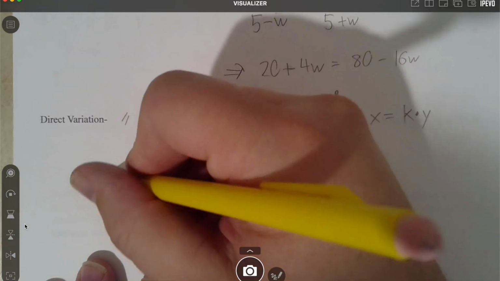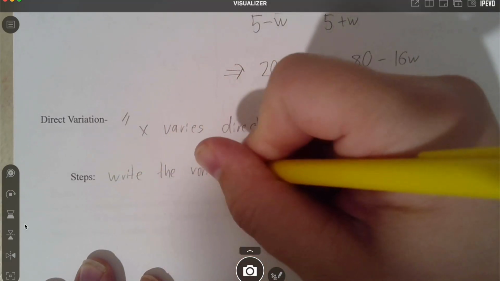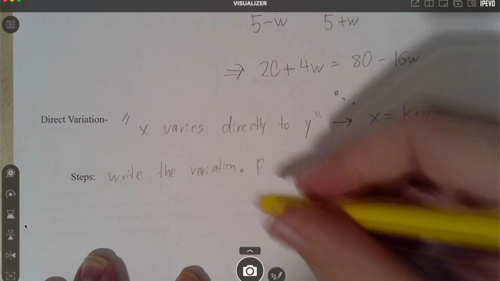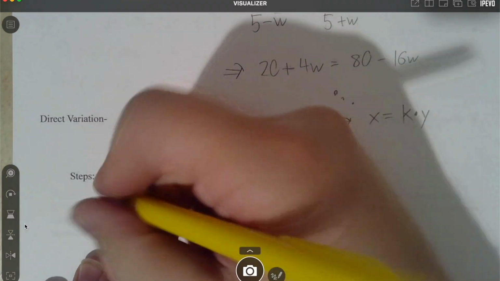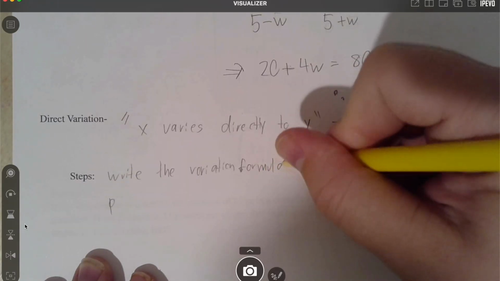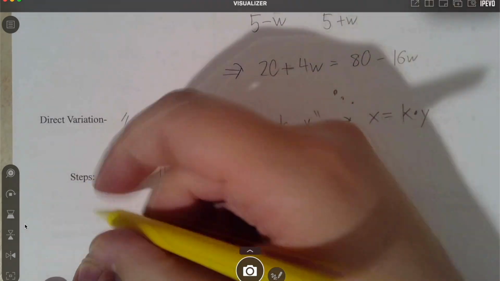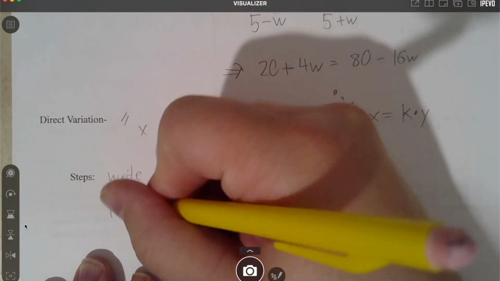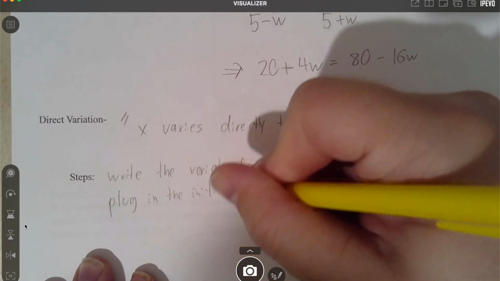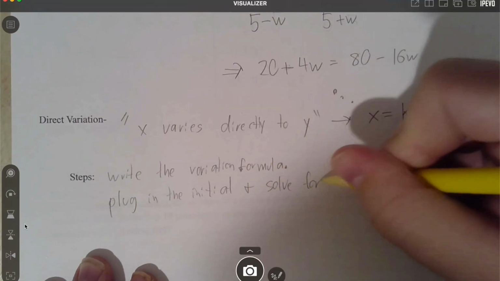So the steps are: write the variation formula. That's step 1. Step 2 is substitute, plug in the initial info and solve for k.